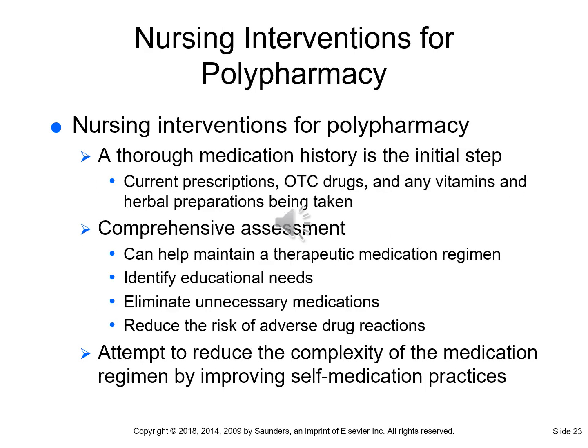So again, this is reiterating some of the nursing interventions that we're going to try to do for these individuals. A thorough medication history. When you do that thorough medication history, make sure your patient understands you need to know not only prescribed medications that they're taking, you need to know over-the-counter medications, any herbal medications, and any vitamins they may be taking as well.